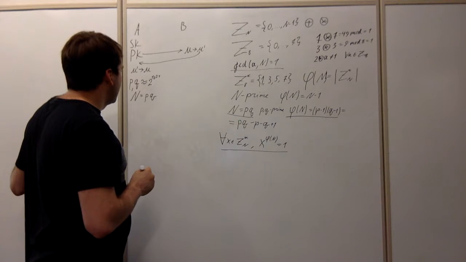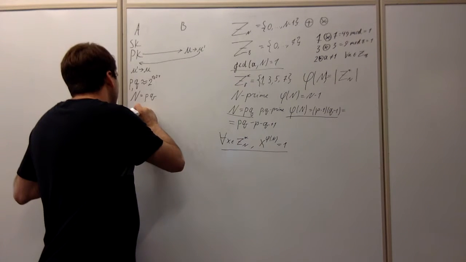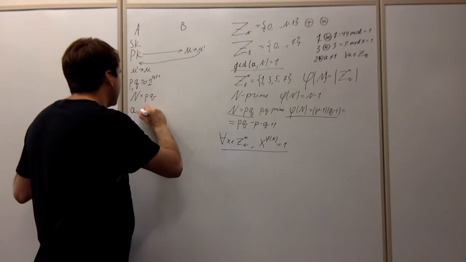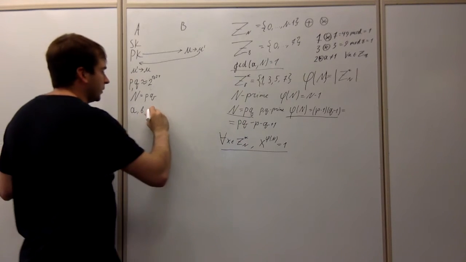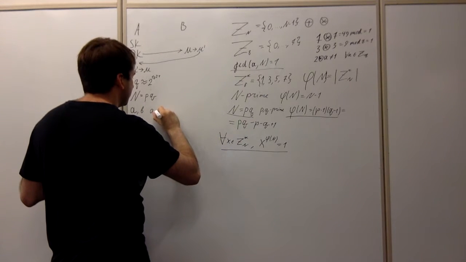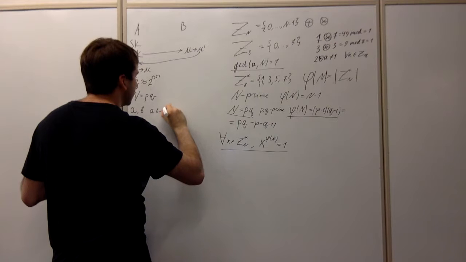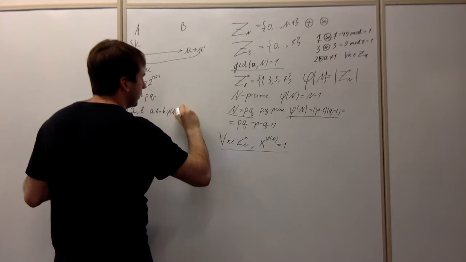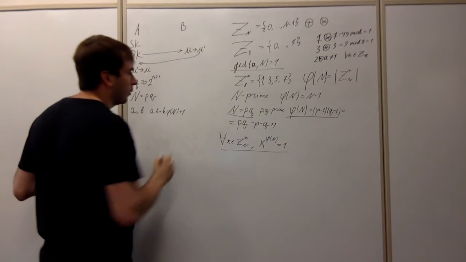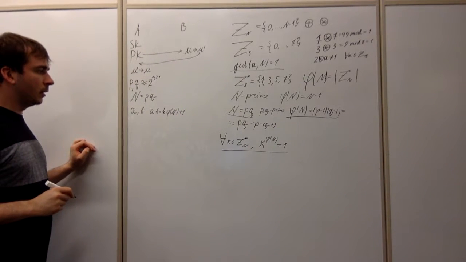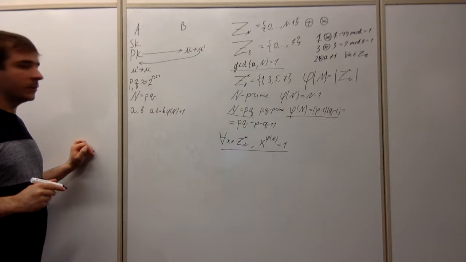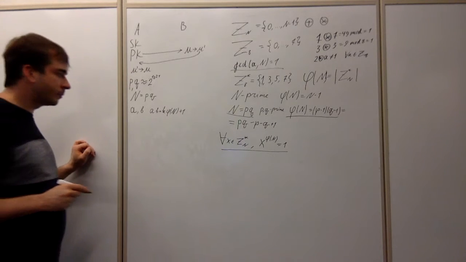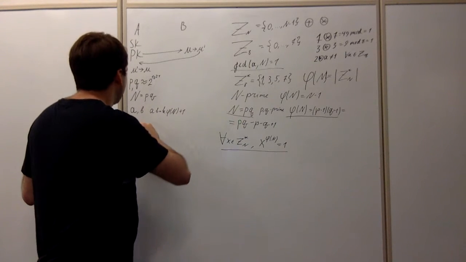Okay. Now we need to pick two numbers, a and b, such that their product is equal to k multiplied by phi of n plus 1. Or in other words, their product minus 1 is divisible by phi of n.